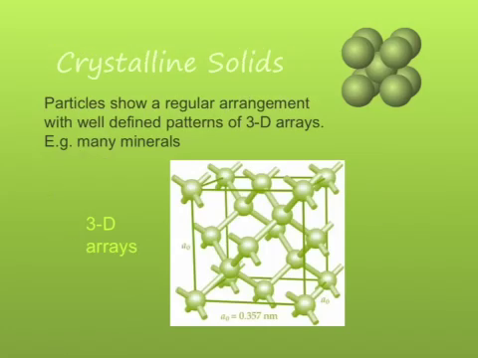The first type of structure we're looking at is crystalline solids. And here is a pictorial representation, and here is a diagrammatic representation. Particles show a regular arrangement with well-defined patterns of three-dimensional arrays, like this one here. Examples are many minerals.